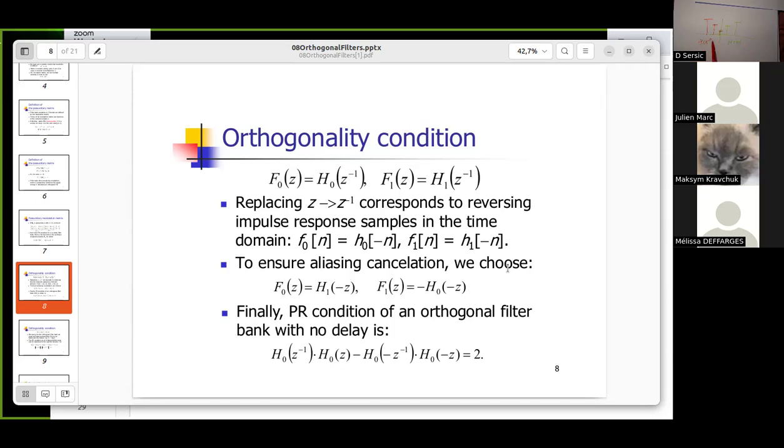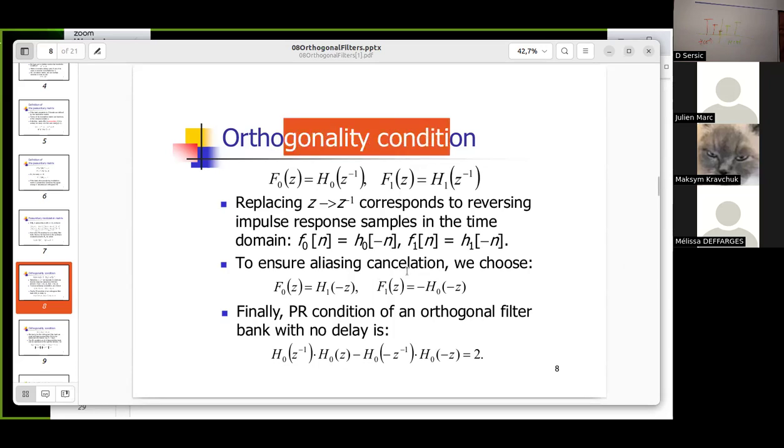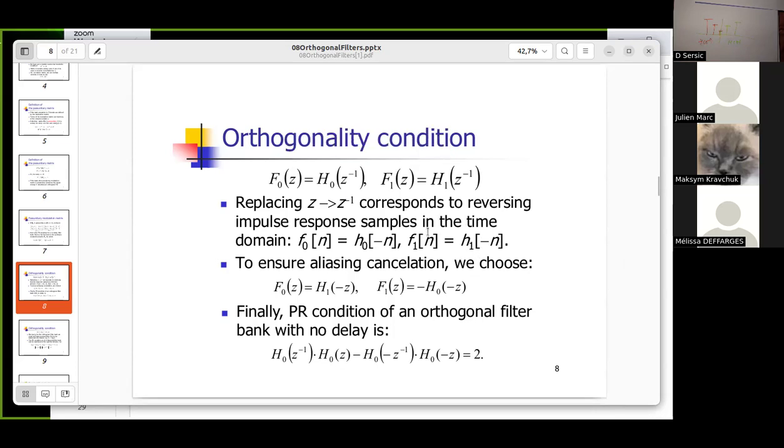Such a thing is like a mirroring in the time domain. So the orthogonality condition demands that the filters in the same branch have mirrored coefficients.